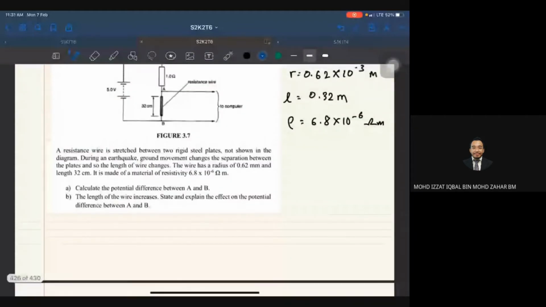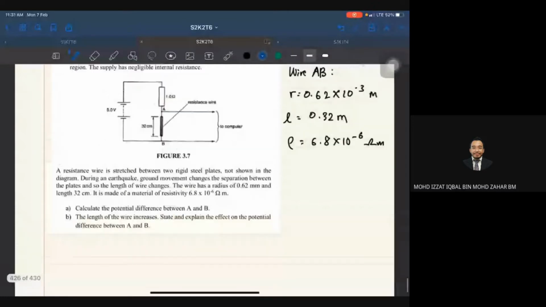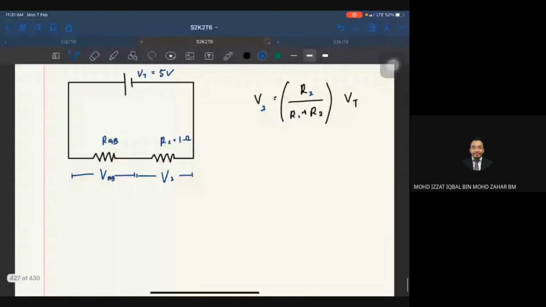So basically, I just replace the symbols from the circuit that I previously drew. Okay, so if I want to find VAB, basically, I have to substitute with RAB as well. So the one on top has to be changed, so it becomes something like this. So this will be R2.